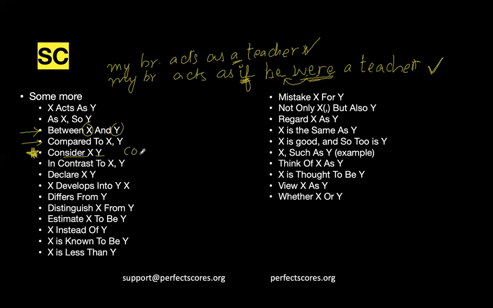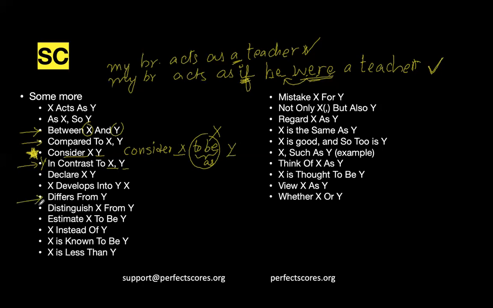Usually the wrong form that is used is "consider X to be" or "consider X as Y." All of these are wrong. Nothing should come between X and Y when you're using consider. So be very, very aware about consider. In contrast to X and Y, this is also fine. Sometimes the Y can come before, for example, Y in contrast to X. This one is also important.